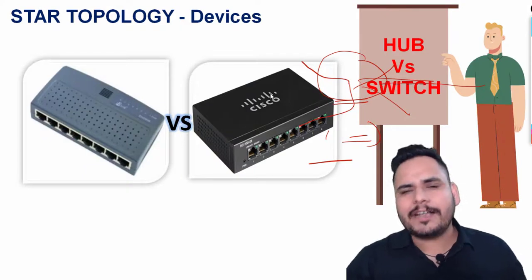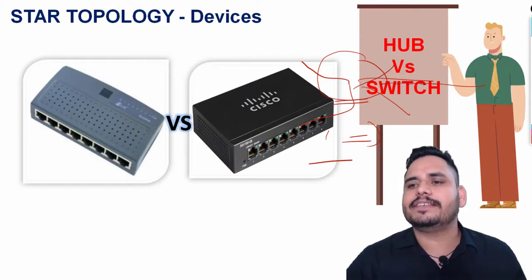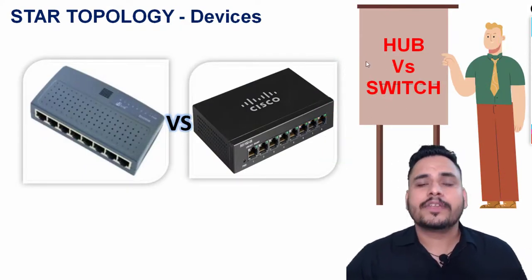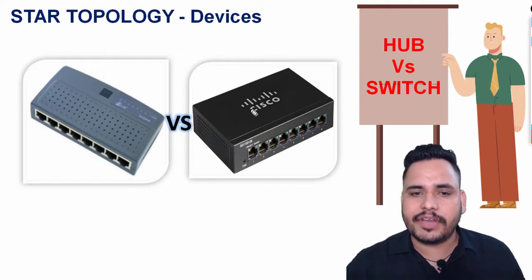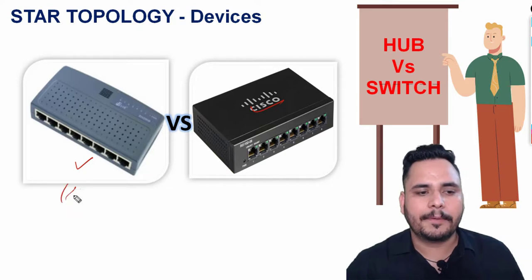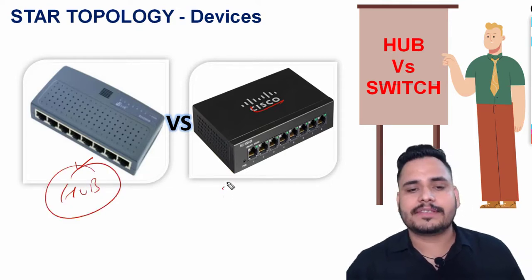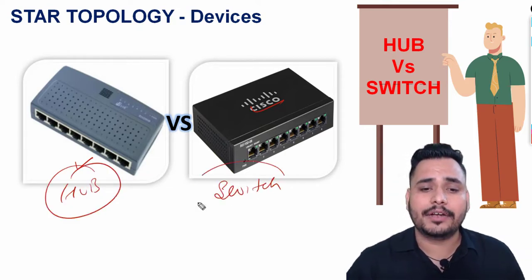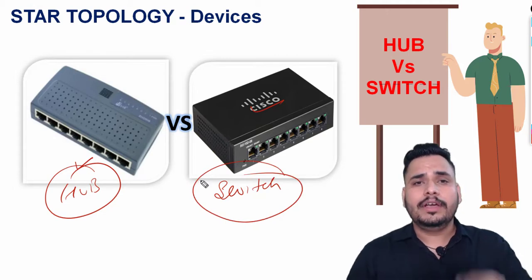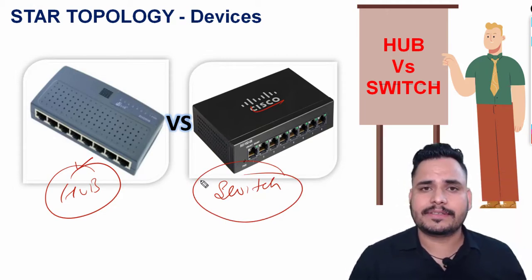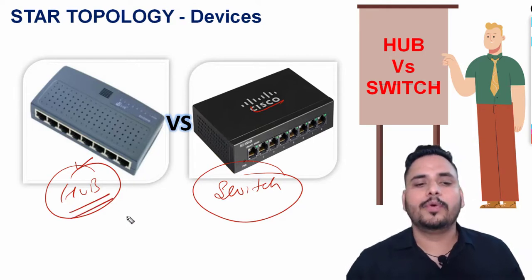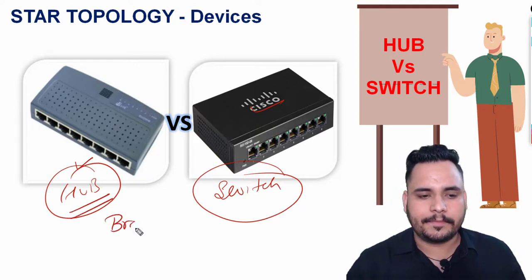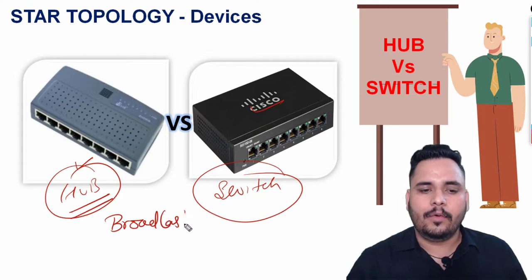So in star topology, we are using a hub or switch device. Nowadays people use a switch instead of a hub. Now, what is the difference between hub and switch? The basic and first difference is that a hub always does broadcasting.